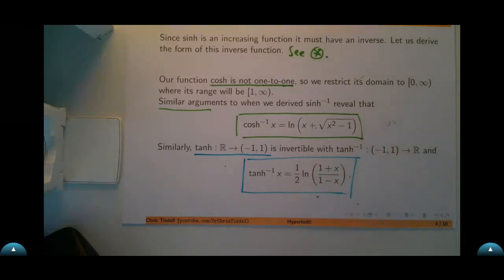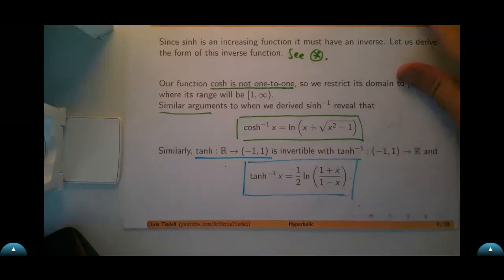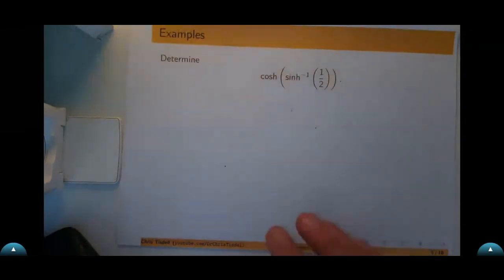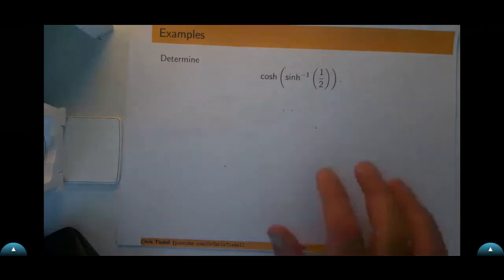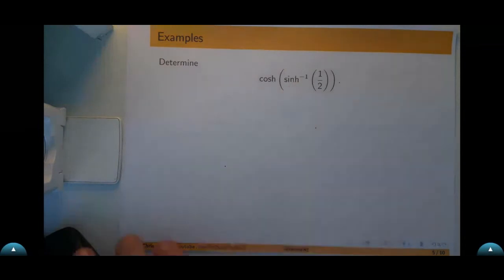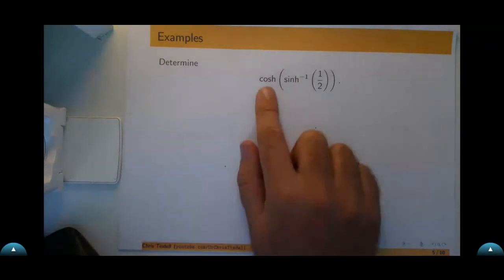What about using these inverse functions in calculations? Okay. So let's have a look, and we can see some simple examples, and then we'll work up to some more challenging situations. All right, so this is a classic entry-level example now.